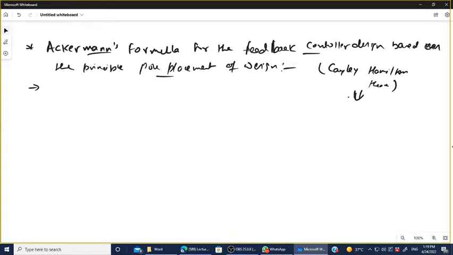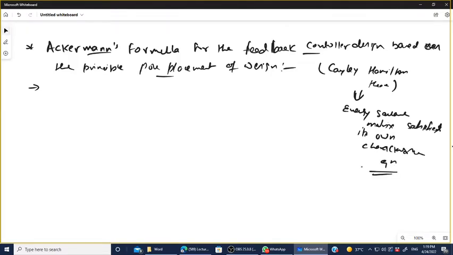The beauty of the Cayley-Hamilton theorem is that every square matrix satisfies its own characteristic equation. Based on this theorem, we will develop the Ackermann formula for the control design.